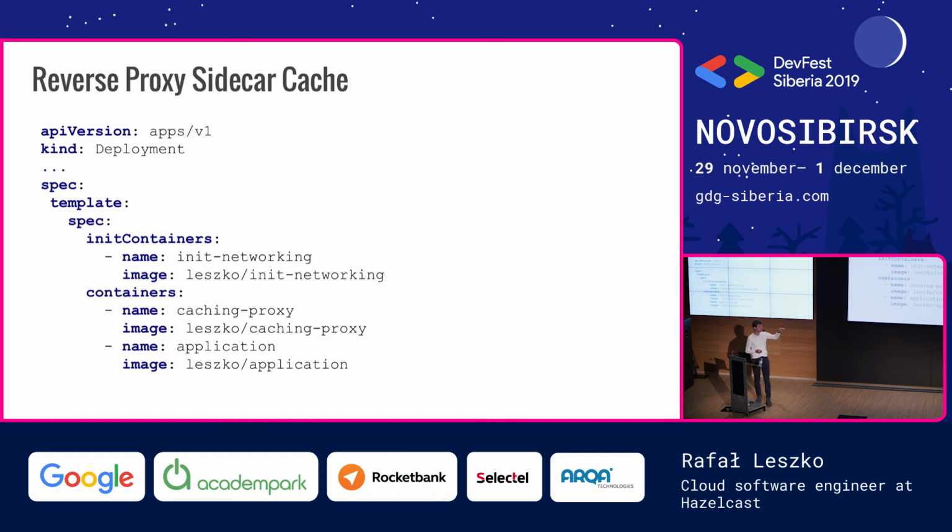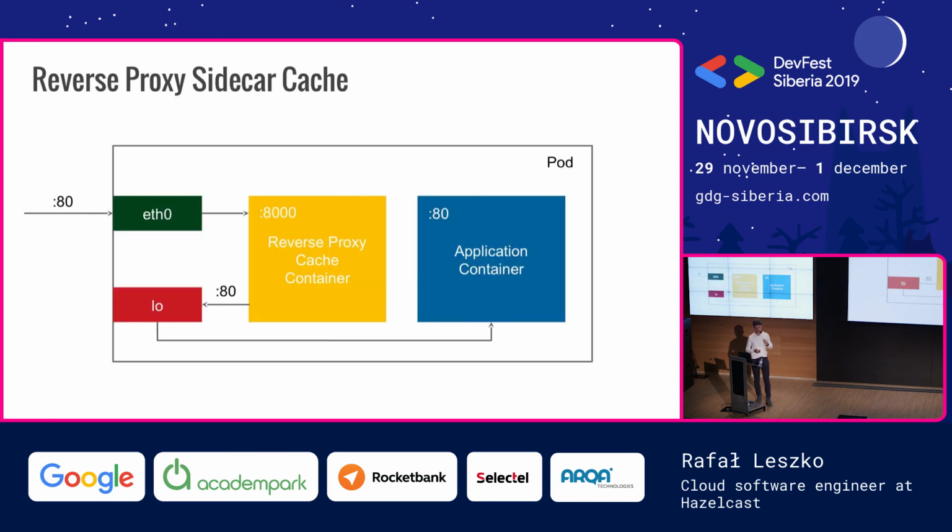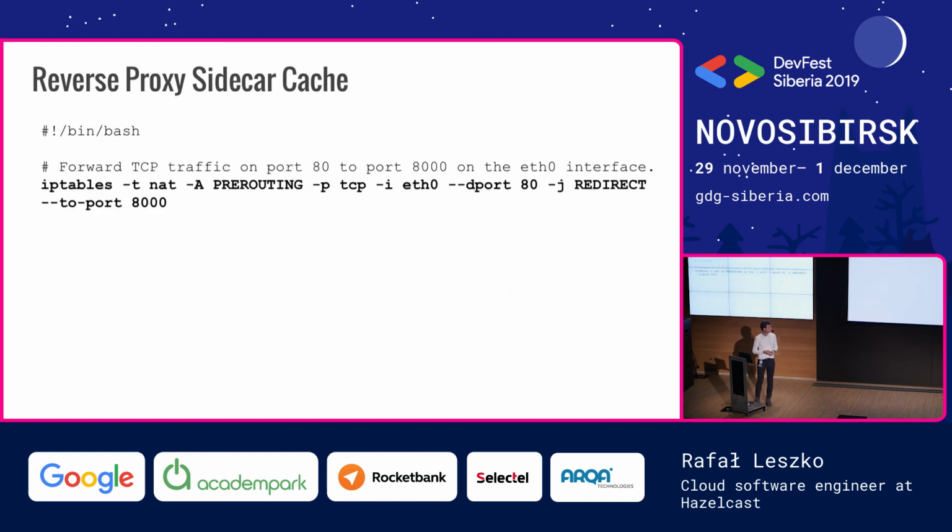This init networking will be a simple script that changes your networking in a way that it's not the application container that receives the requests, but all the requests coming from outside are received by the reverse proxy cache container, and all the internal calls on the same port go to the application. The script looks something like this. It just changes your IP tables.